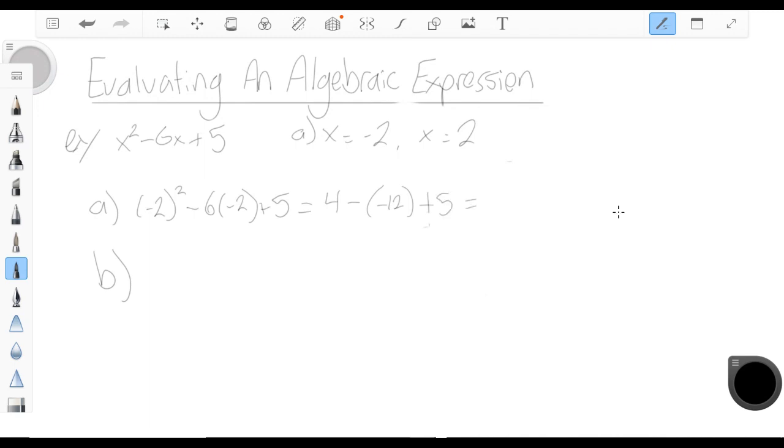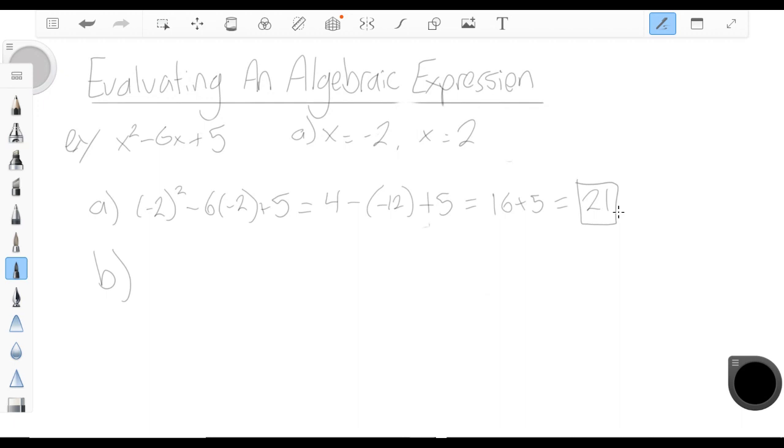So these negatives actually cancel out, so we get a positive. So 4 minus a negative 12 is going to give us a positive 16 because the negatives cancel. The plus 5 remains, and then 16 plus 5 gives us 21. And that's what happens whenever we plug negative 2 into this expression.